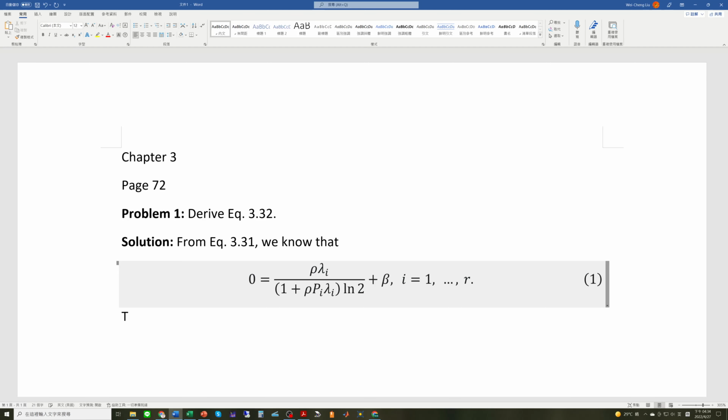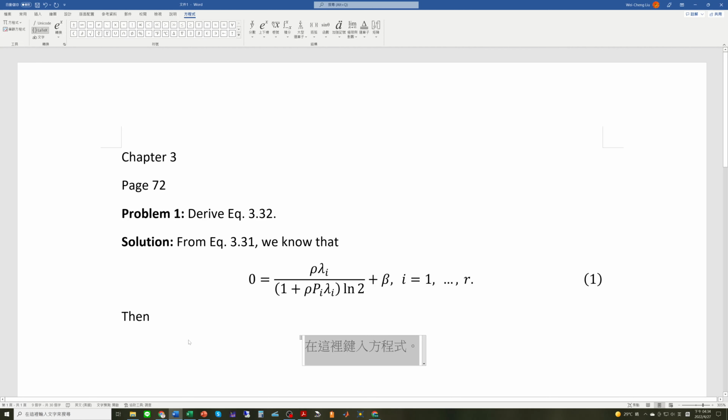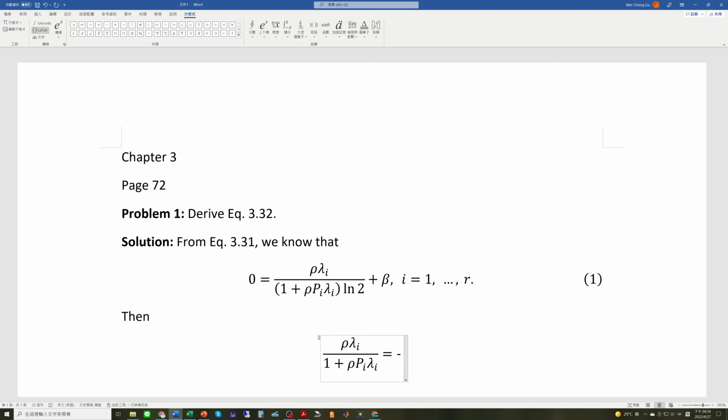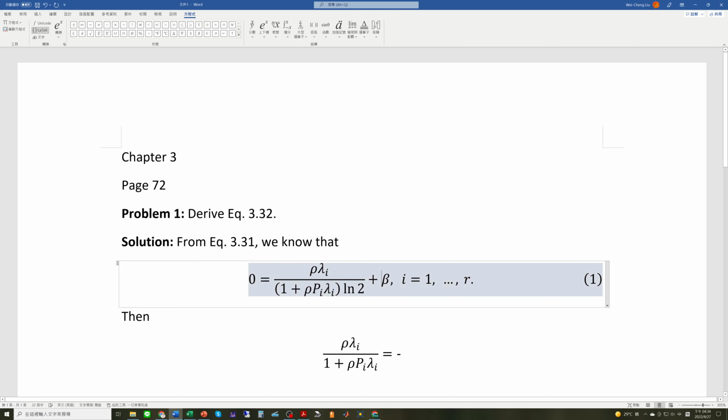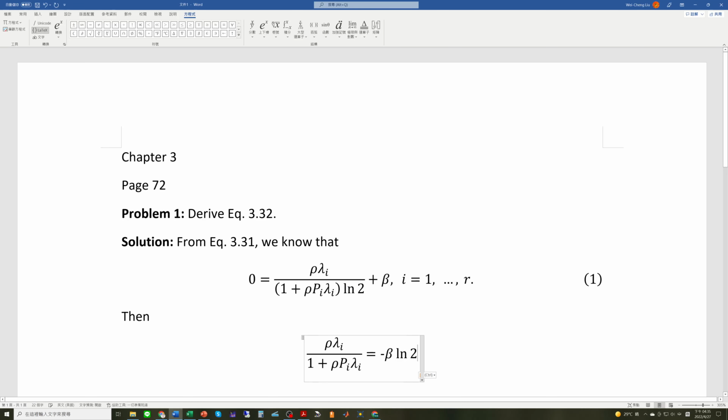Next, we will solve for Pi. First, rho times lambda i over 1 plus rho Pi lambda i is equal to minus beta times natural log 2.